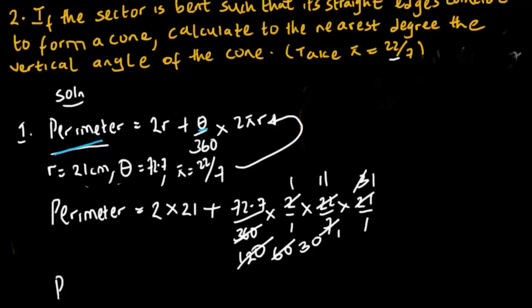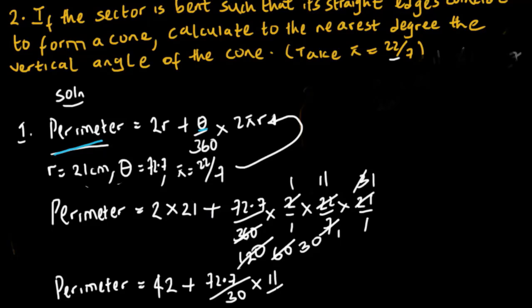So we are left with perimeter equals 2 times 21, which gives us 42, plus 72.7 all over 30 times 11 all over 1.